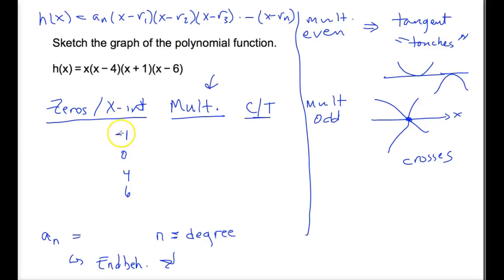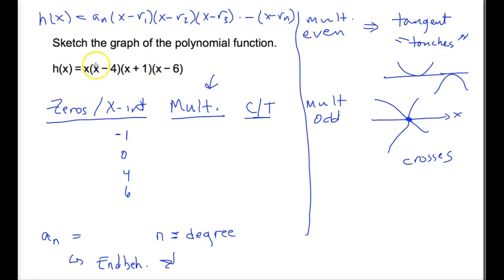Okay. So now that we know what our corresponding zeros are, of course -1 corresponds to the factor x plus 1, 0 corresponds to the factor x, 4 corresponds to the factor x minus 4, and 6 corresponds to the factor x minus 6.